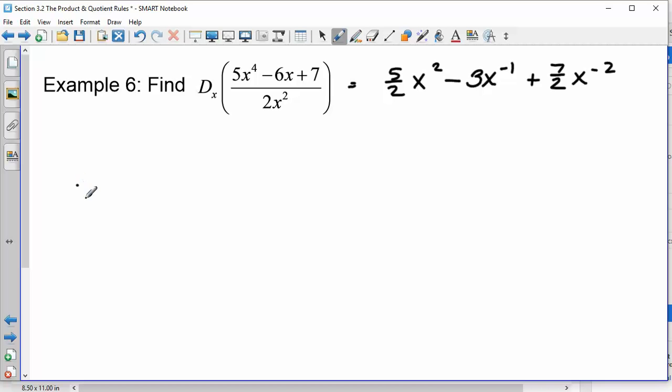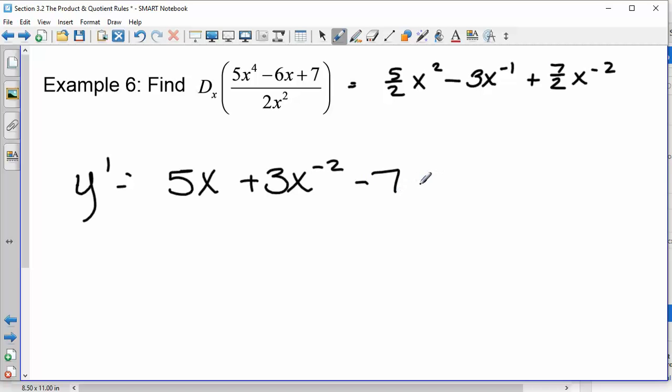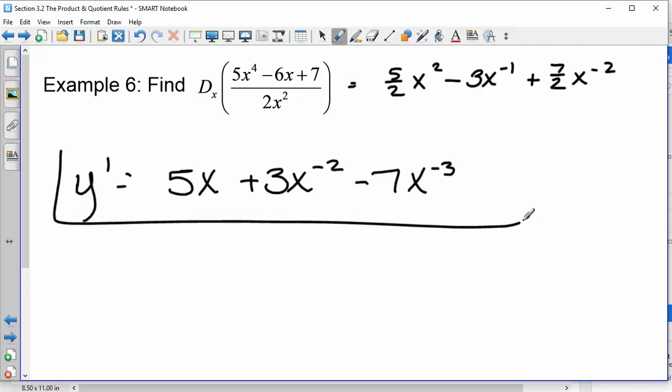So your derivative, 2 comes down, 5 halves times 2 is 5x, subtract 1 from your power. Negative 3 times negative 1 is positive 3x to the negative 2. 7 over 2 times negative 2 is negative 7x, subtract 1, so negative 3.